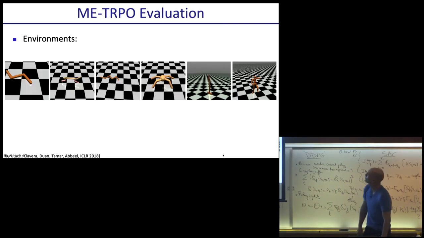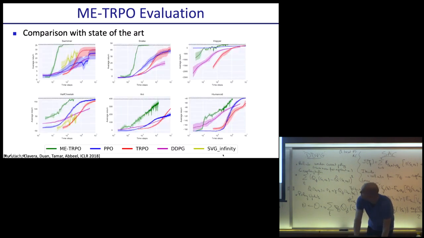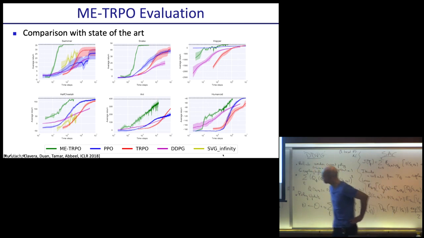Okay, so we can in simulation run TRPO or PPO. This paper happened to run TRPO, and here are the learning curves for these environments. So we have in green the proposed method, and other colors are PPO and TRPO, standard model-free methods, and then in purple DDPG and SVG infinity, which is another kind of older model-based method.